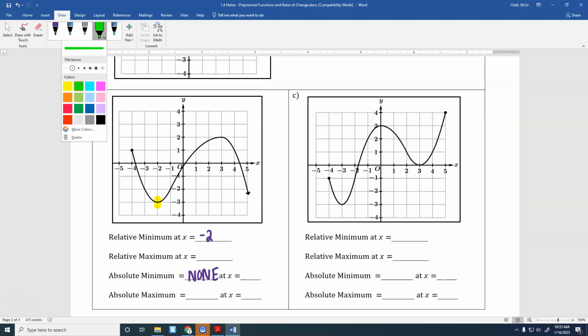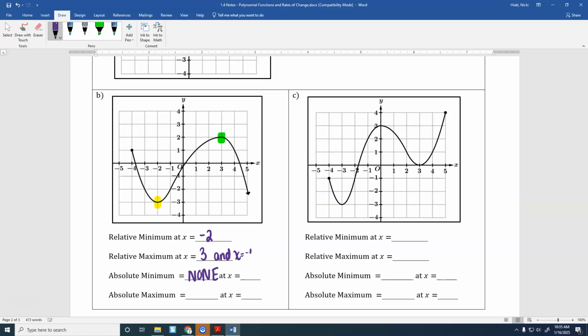So, Chandler, where am I going to have relative maximums? 3, definitely. Okay, anywhere else? -4. So, now I'm going to tell you, in calculus, you would not call that a relative maximum. But they tell us in pre-cal that we're supposed to count it.